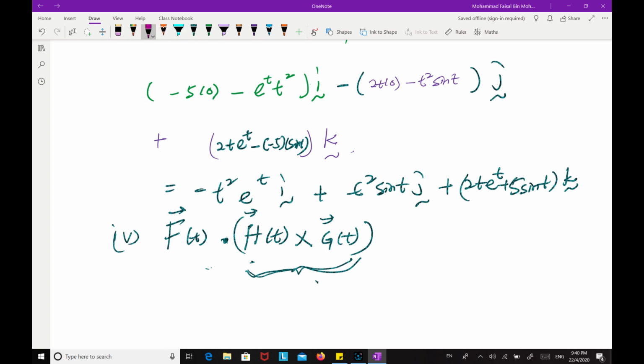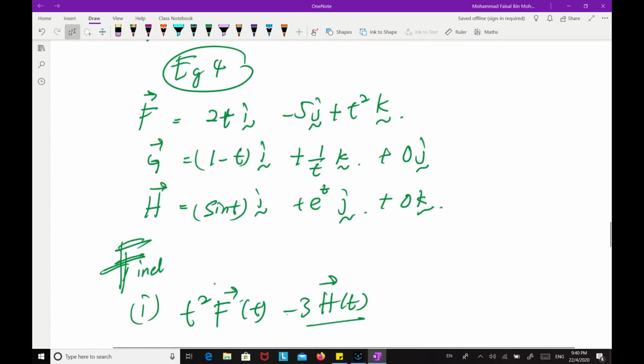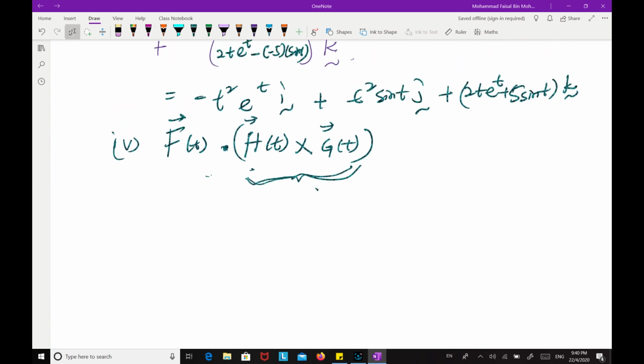So you choose the other color. I think you can do it on your own. h cross with g, you will get e^t over t i minus sine t over t j plus e^t minus e^t times 1 minus t k.